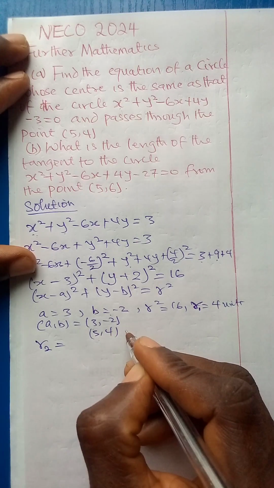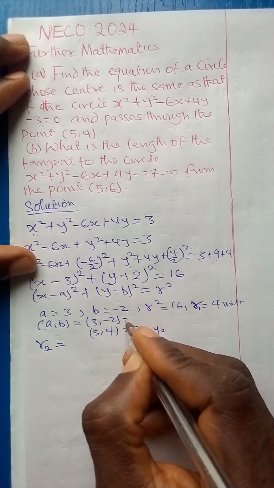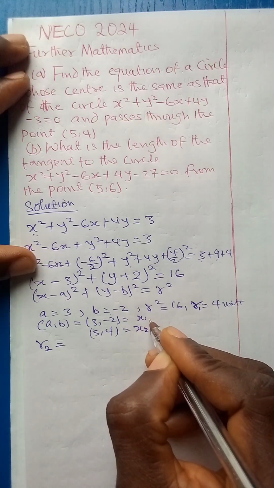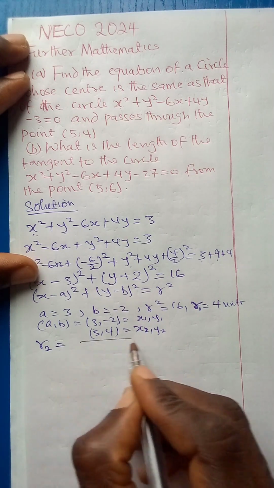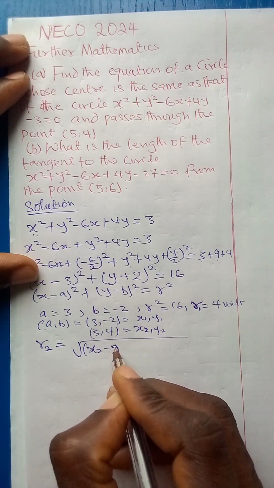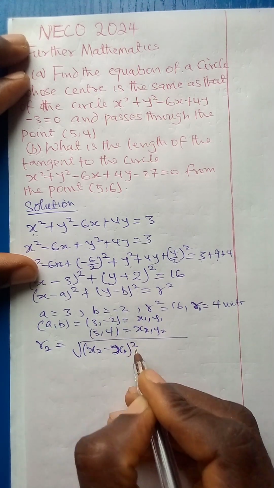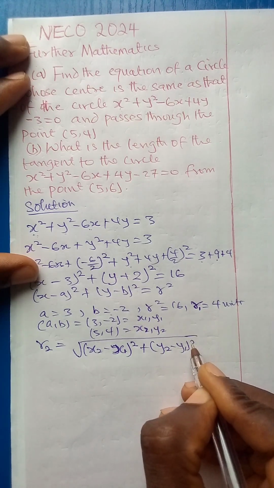Let's call (5, 4) x2, y2, while the first point is x1, y1. So the formula for distance between 2 points is the square root of (x2 minus x1) squared, plus (y2 minus y1) squared.